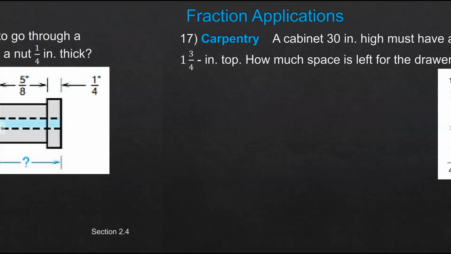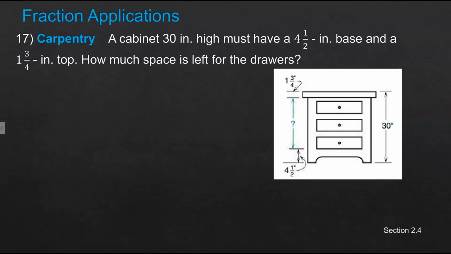And then here's our last problem. A cabinet 30 inches high must have a 4.5 inch base and a 1 3/4 inch top. How much space is left for the drawers? Okay, so basically you can see that we have a total of 30.